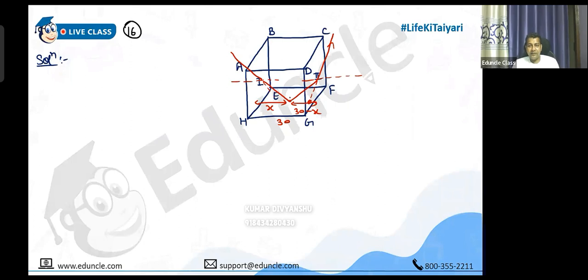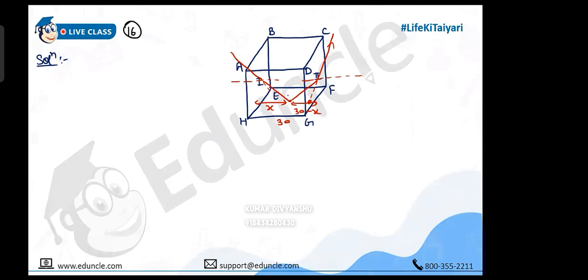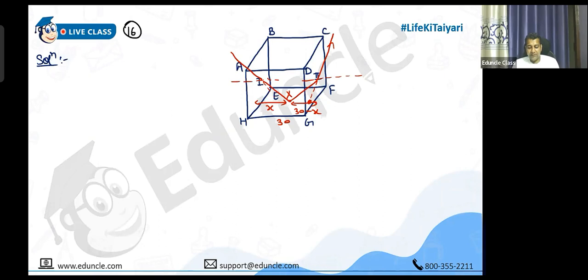Is the diagram clear? Let us denote this by x now. Apparent, no, not x, I'm already using P. So there should be some point over here, just below this one.